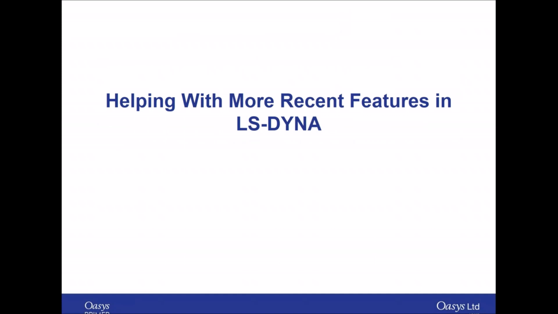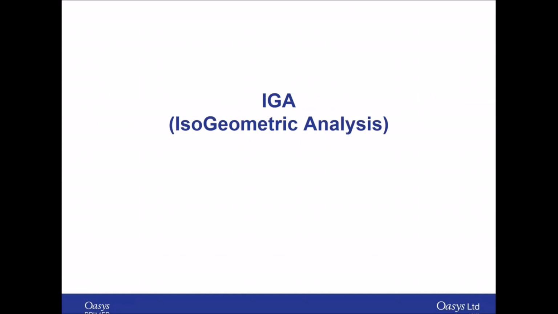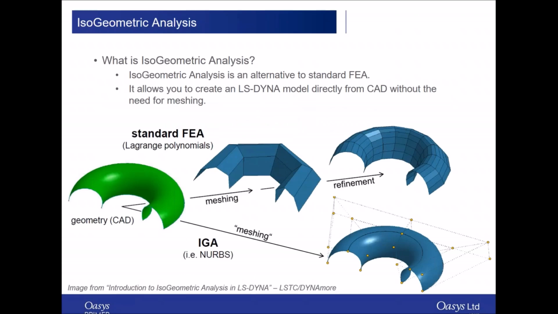So I'm just going to finish off by talking about some of the more recent features in LS-DYNA and how Primer can help you with those. The first thing is isogeometric analysis, IGA. So just a little introduction if you don't know what isogeometric analysis is. It's an alternative to standard finite element analysis, and it allows you to create an LS-DYNA model directly from the CAD without the need for meshing.